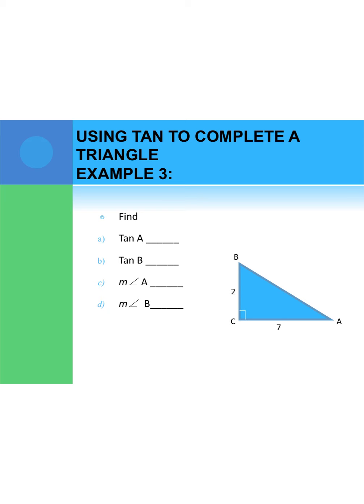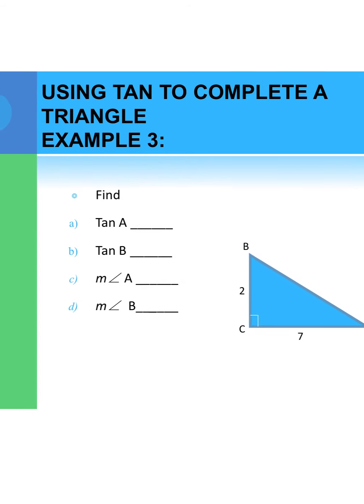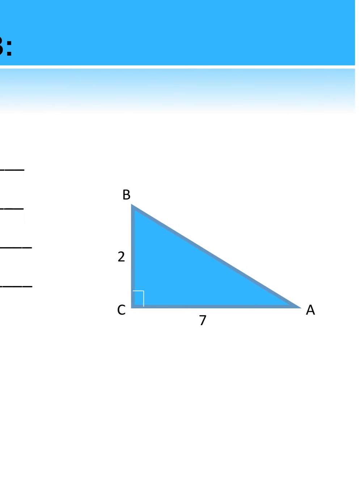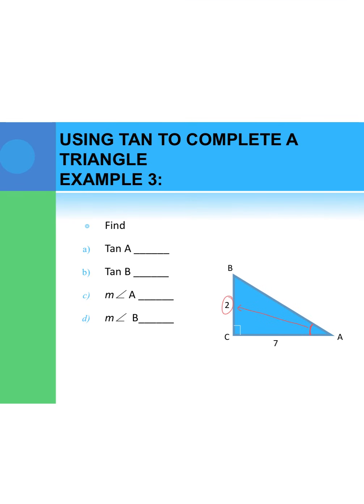Okay, so using the tangent to complete a triangle. Example 3. All right, so find the tangent of A and the tangent of B. So A is right here, angle A. We're going to go across from A. That side is 2, so that's our numerator.